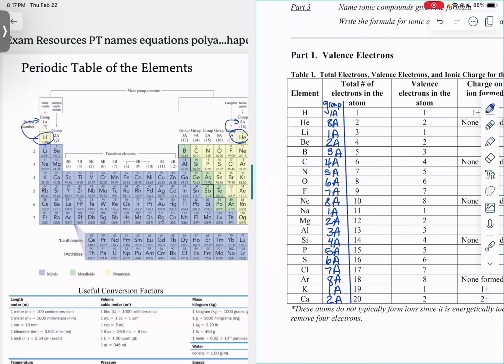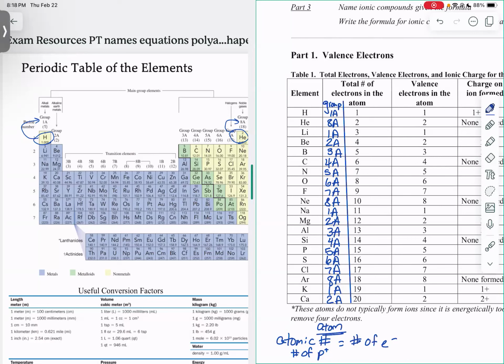Okay, as we look at these, we need to start to see some important bits of information. We can get the total number of electrons in any given atom because we know the atomic number. The atomic number, which is our number of protons, is equal to our number of electrons for an atom, not for an ion, but for an atom.